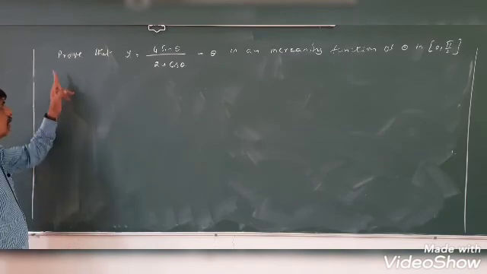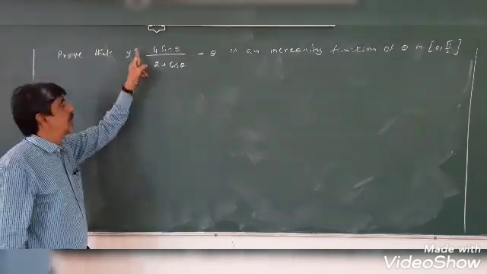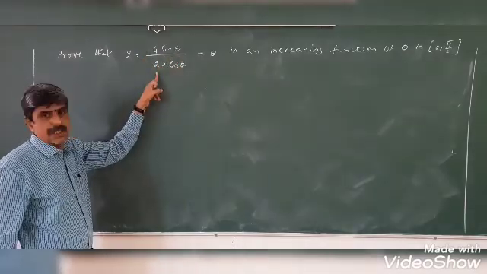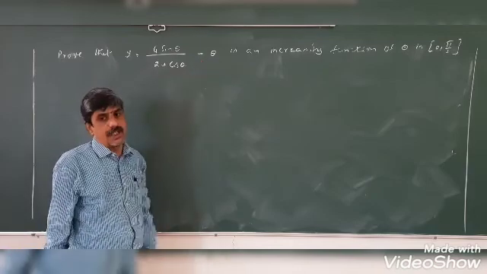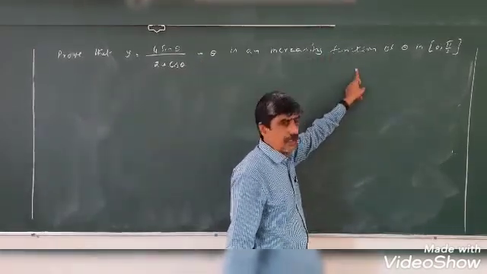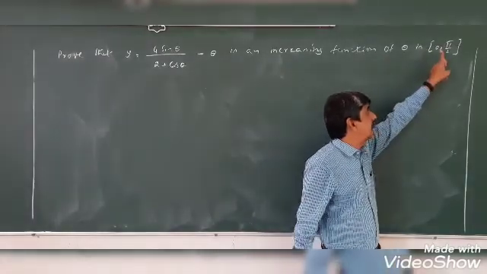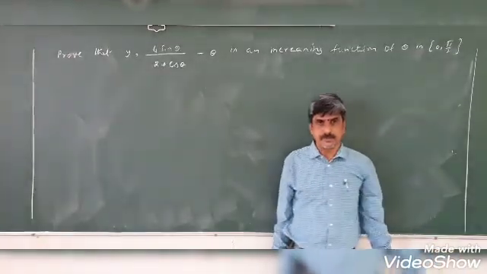Next numerical: prove that y equals 4 sin theta by 2 plus cos theta minus theta is an increasing function of theta in the closed interval 0 to pi by 2.